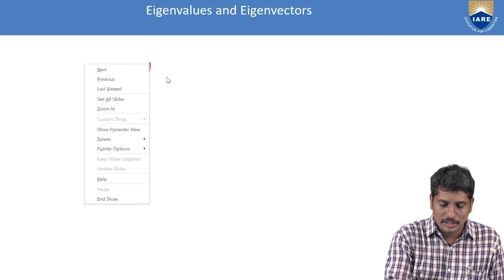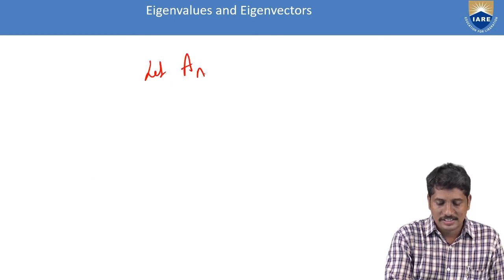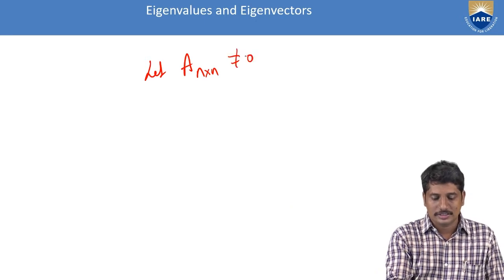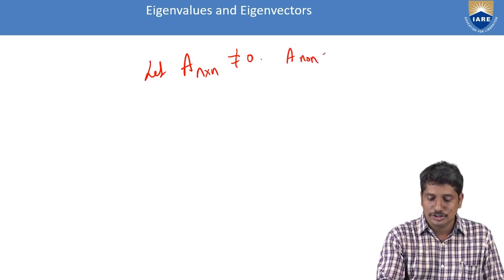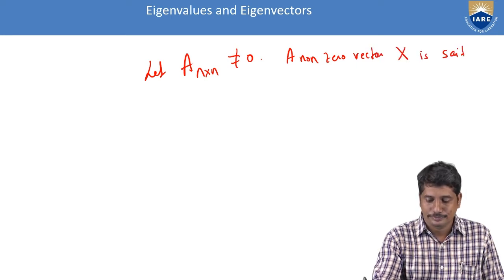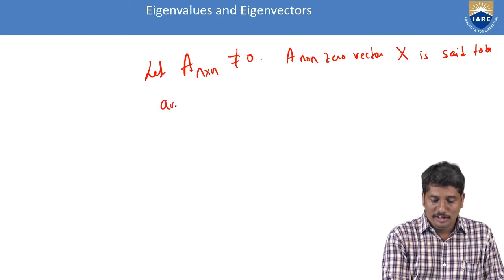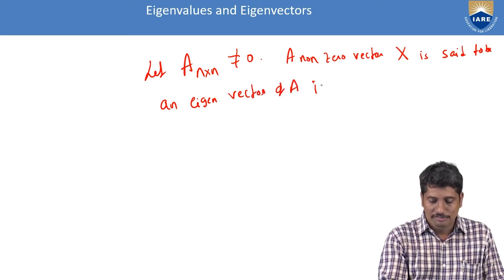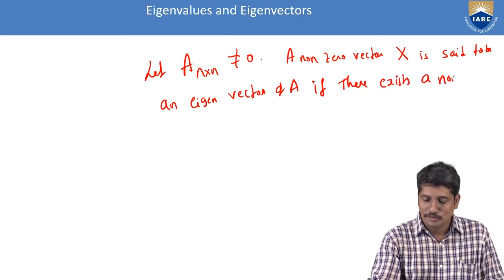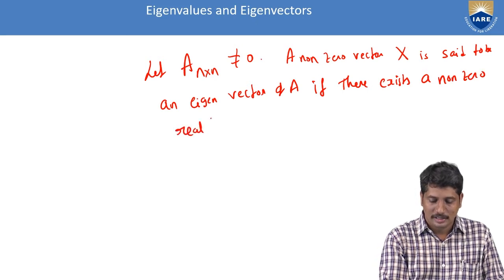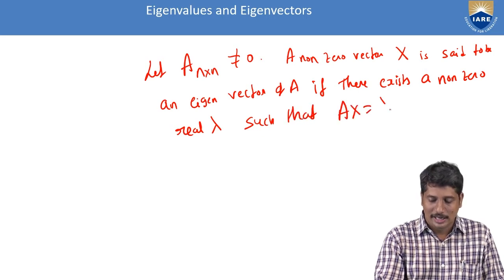Whenever we have a matrix A of size n by n, which is a square, non-zero matrix, a non-zero vector x is said to be an eigenvector of A if there exists a non-zero real lambda such that Ax is equal to lambda x.